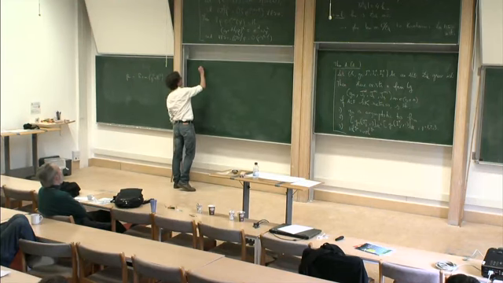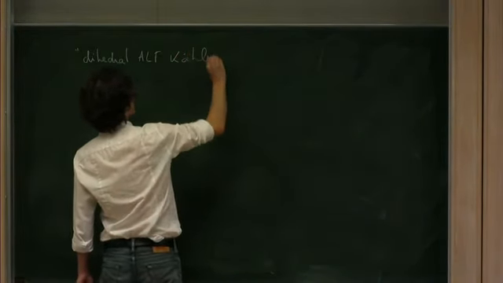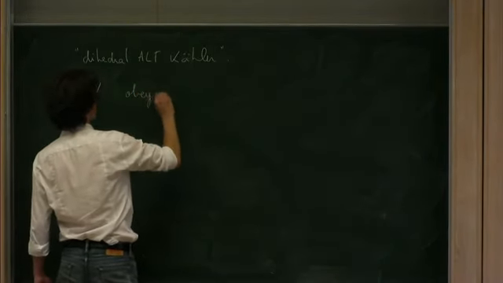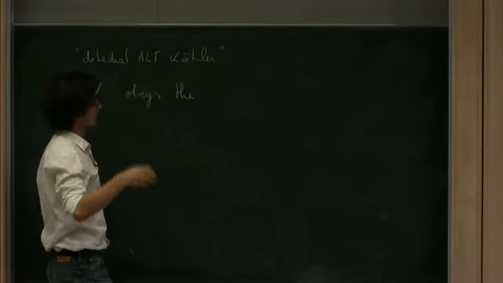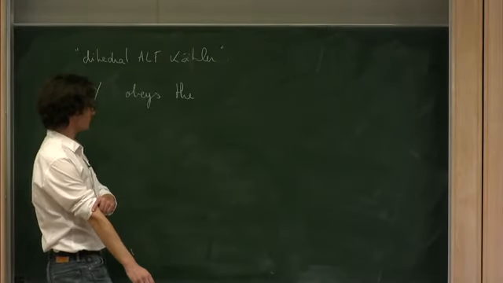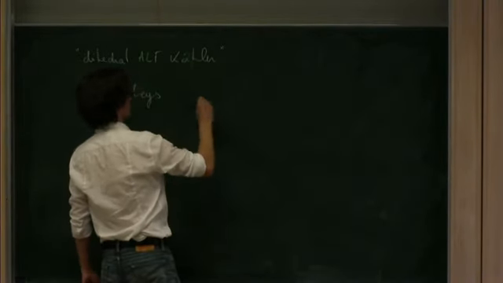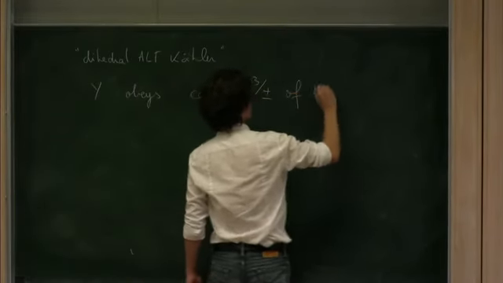What I mean by dihedral ALF Kähler is that Y is an S1 fibration over R3 over Z2, just as in theorem 0, the base case R3 of theorem 0.